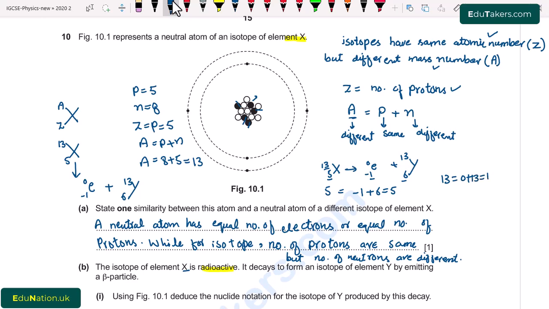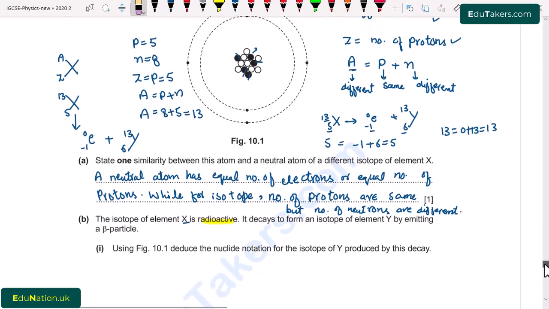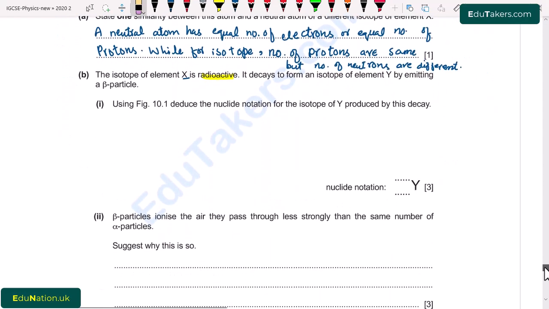It is also equal to 13. So the atomic number and mass number on both sides are equal. So this element has atomic number 6 and mass number 13.